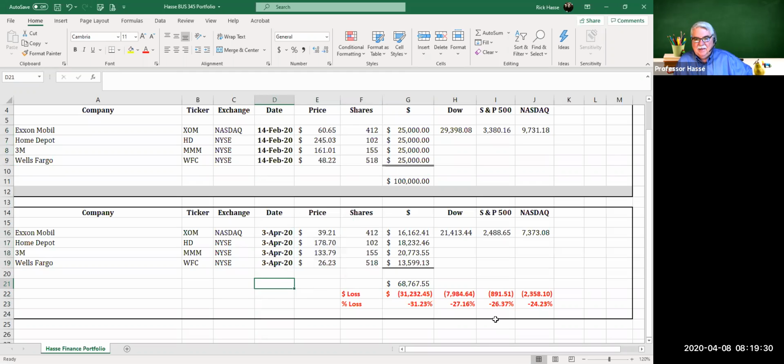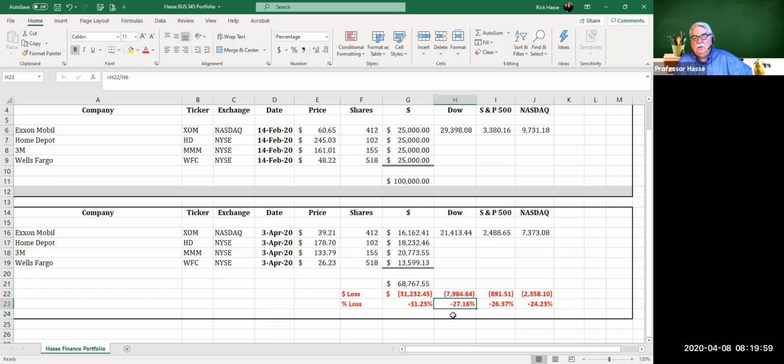All right. And then compared that to the delta of the Dow, the S&P, and the NASDAQ. Notice what I did in this calculation. I took the difference between the original Dow and the Dow on April 3rd. There was the dollar, not the index difference. Then I divided that index difference by the original value on February 14th, and I get the percentage change.